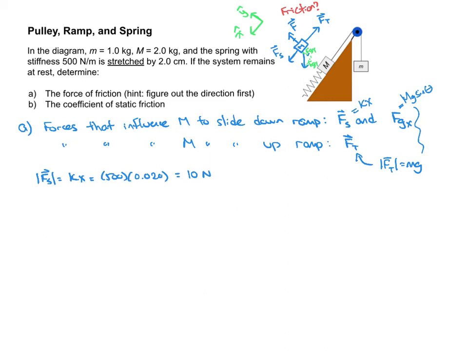So 10 newtons down the ramp because of the spring. Now I'll say FGX, the x component of gravity. So 2 kilograms, 9.8 sine of, uh-oh.